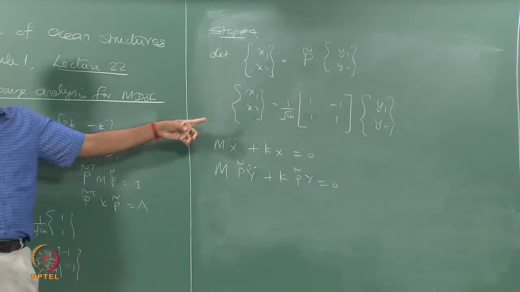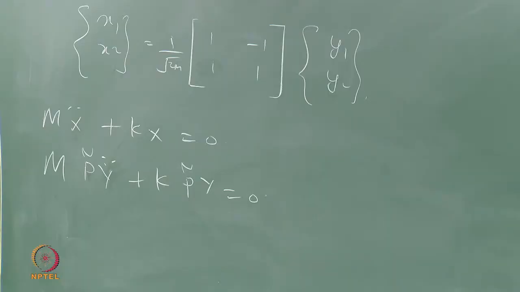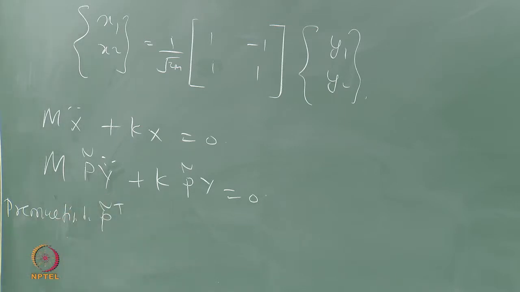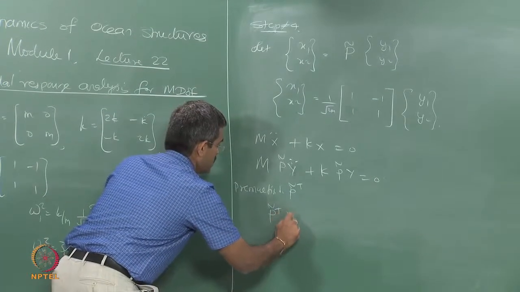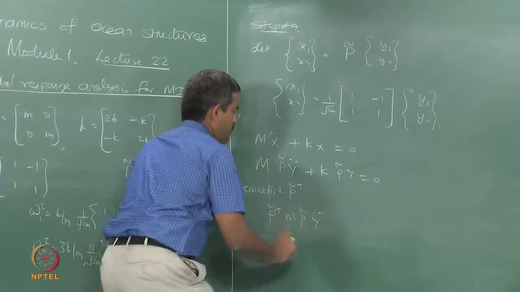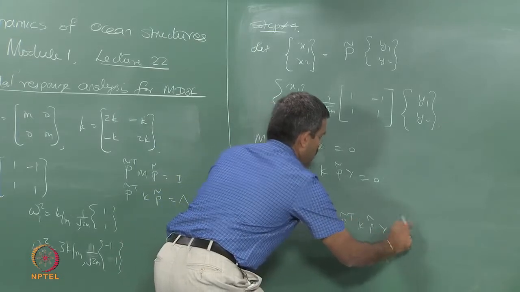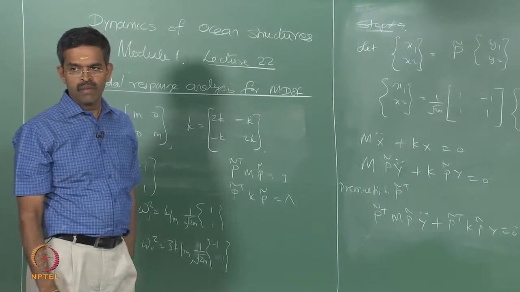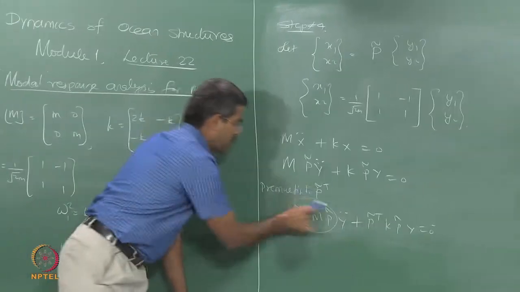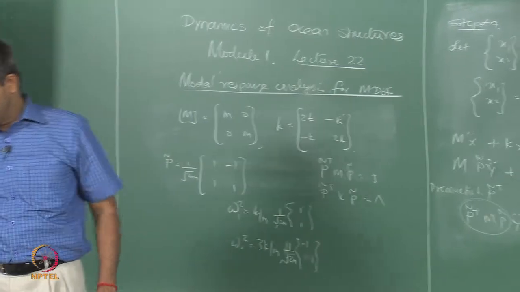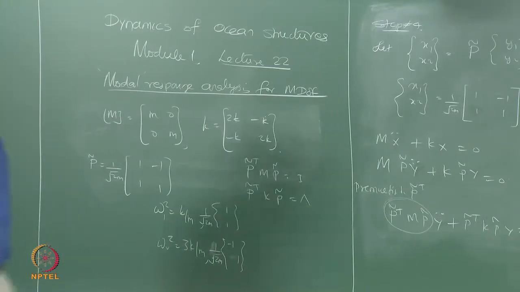Using the same relationship as above, I pre-multiply this equation by p tilde transpose. See what happens: p tilde transpose m p tilde y double dot vector plus p tilde transpose k p tilde y vector becomes 0. We already know this is identity and we already know that is eigenvalues. So, let us substitute that here.